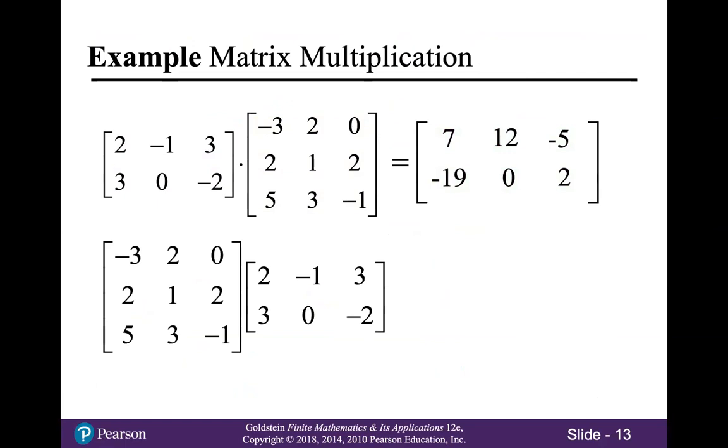However, that one's going to be undefined because this one is 3 by 3, and this one is 2 by 3, because the number of columns in this matrix does not match the number of rows in this matrix, that makes this operation undefined.